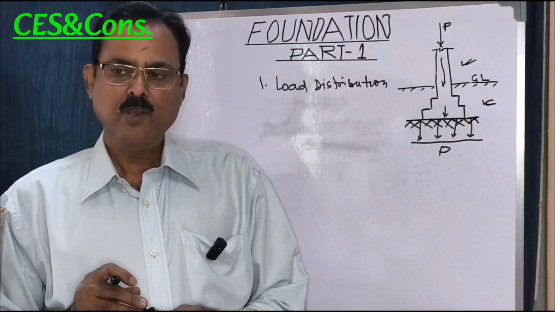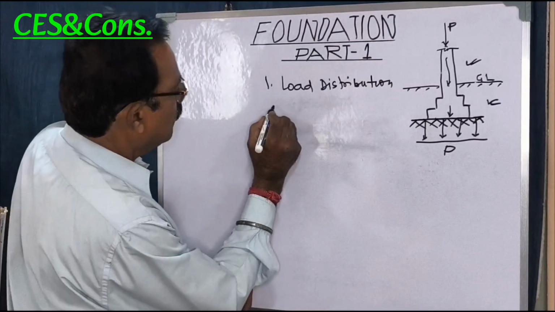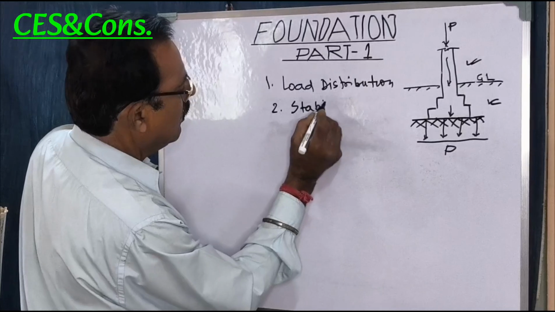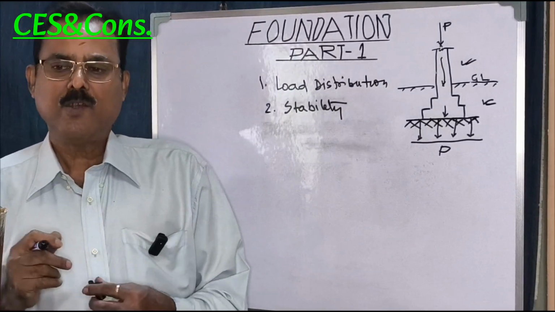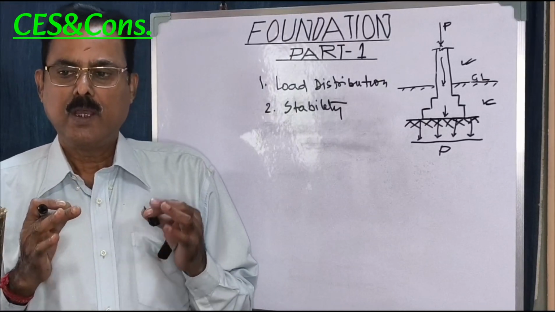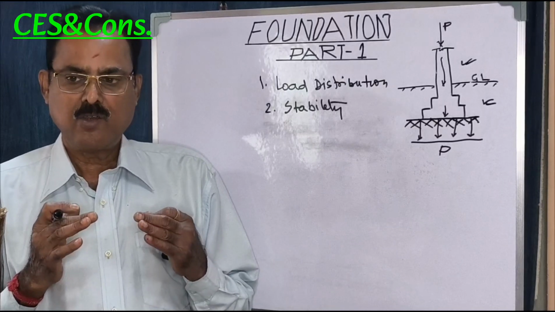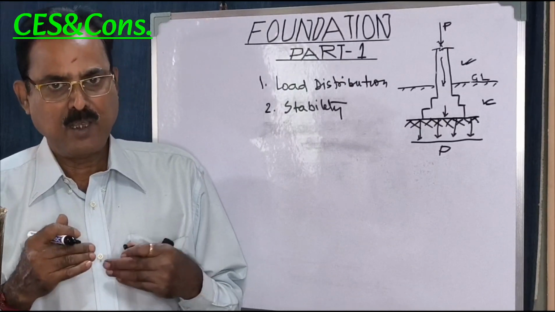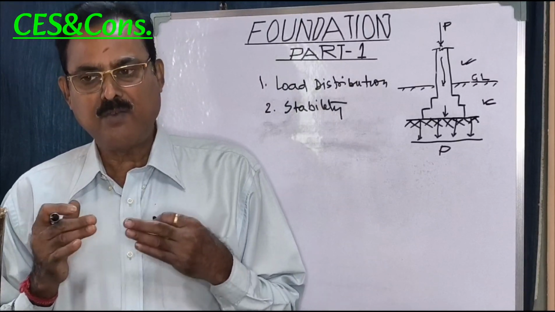Second item is stability of the structure. It provides a stable base, ensuring the structure can withstand forces like wind, earthquakes and vibrations without tipping or collapsing. This is the second function.